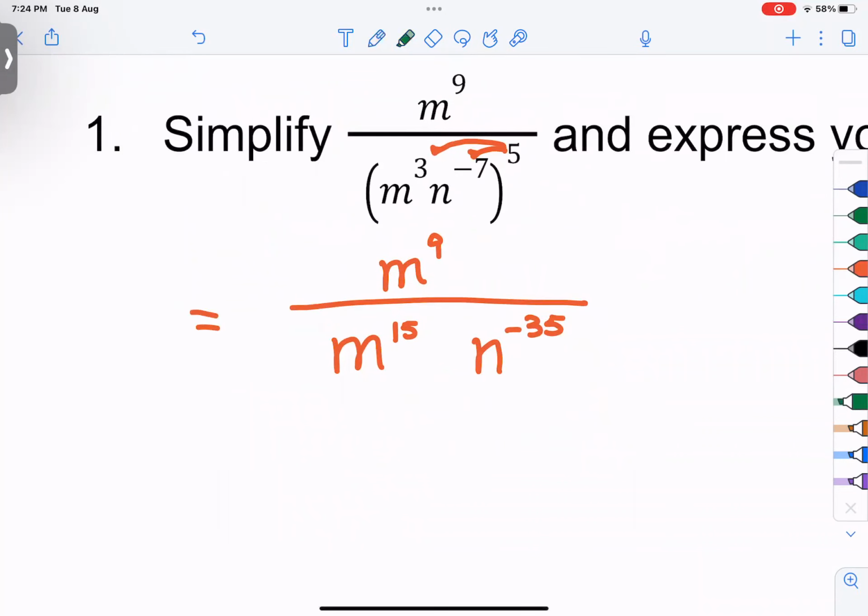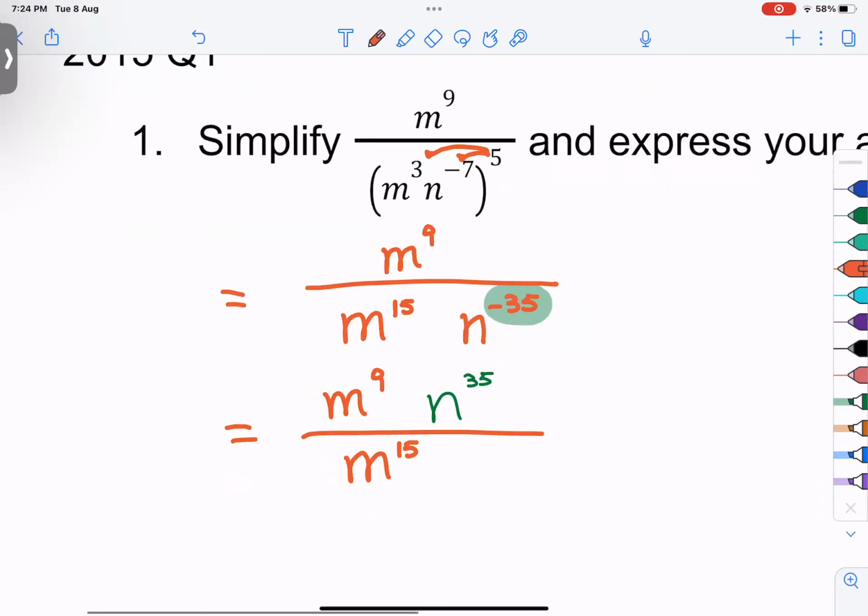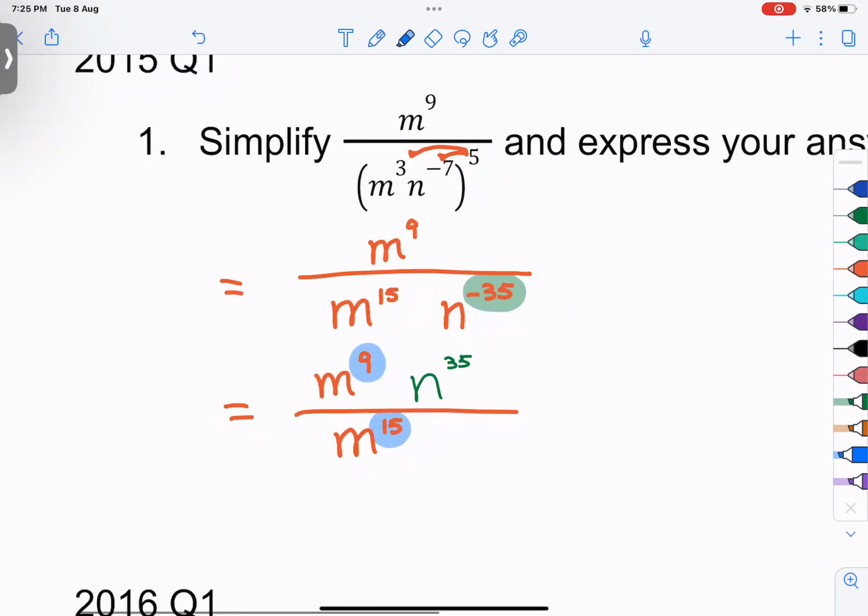You switch the places. And then if they're the same unknowns, different stages, we will see which one is bigger. Downside is bigger, so put it down. 15 minus 9, we have 6.